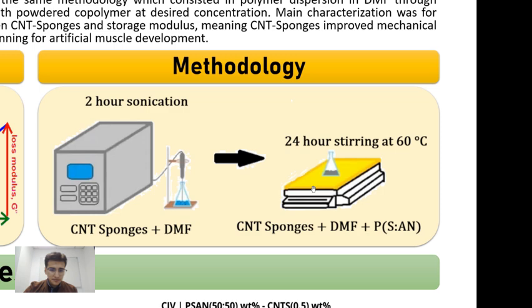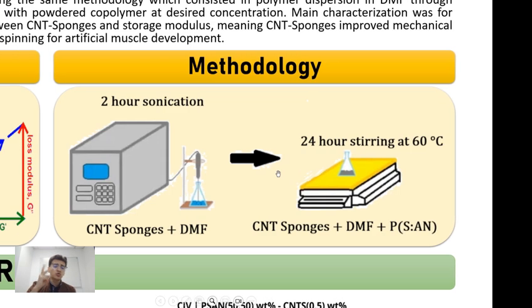For the methodology, we have principally two steps. The first one is the sonication of the two-component mixture. First, there was a mixture of carbon nanotube sponges and dimethylformamide, also known as DMF, where the carbon nanotube sponges were pulverized, and this sonication occurred for 2 hours at 500,000 joules of energy.